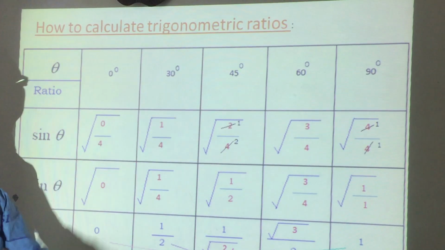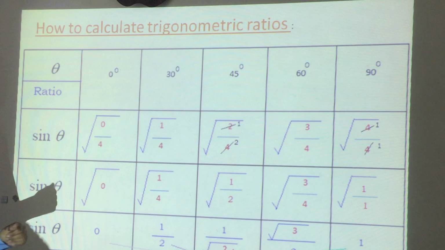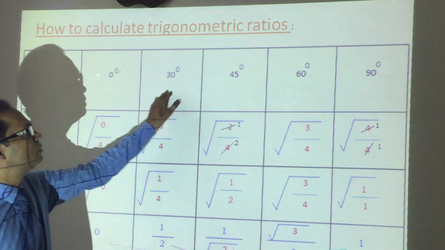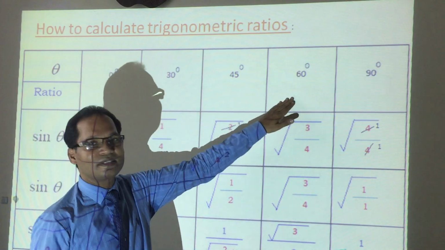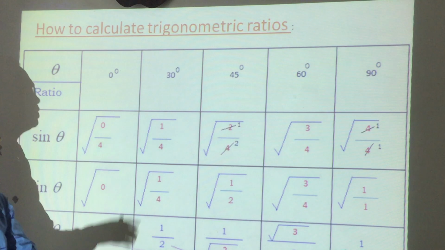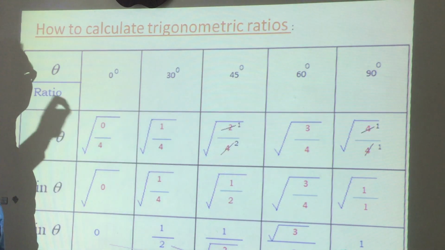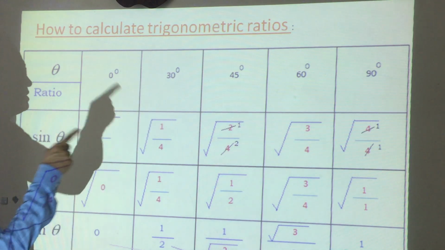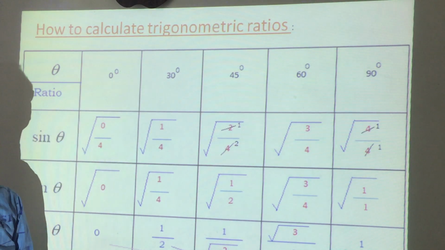Because we can easily calculate their ratios. For example, start with 0, then 30, add 15, 45, add 15, 60, and then 90. That is just the trick to remember which angles to take here. So 0, 30 degrees, 45 degrees, 60 degrees and 90 degrees.